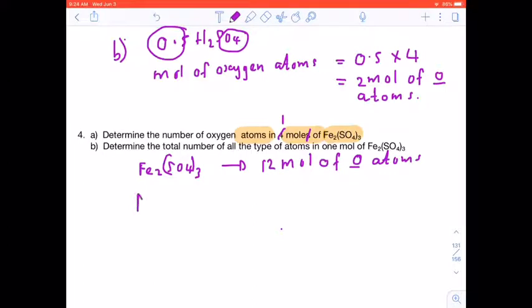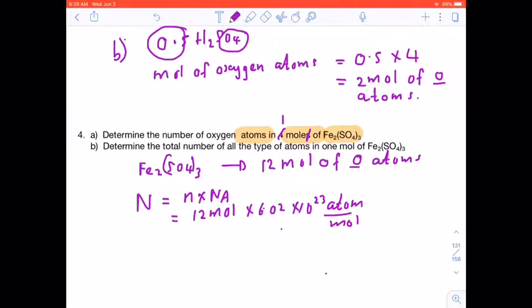If we want to know N, which means N times Na, that would be equal to 12 moles times 6.02 times 10 to the 23 atoms per mole, and that would be equal to 7.23 times 10 to the 24 atoms.